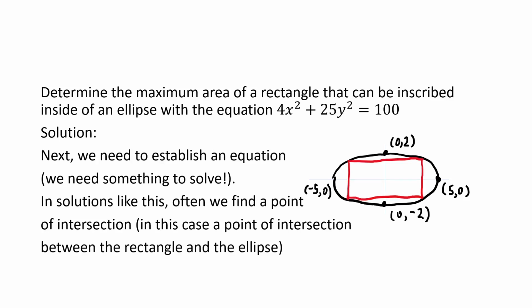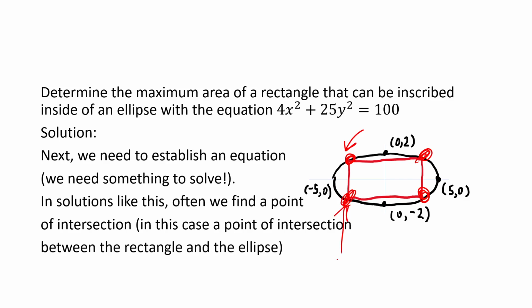So what we're going to do is find a point of intersection between the rectangle and the ellipse. So there are four possibilities, 4 points of intersection between the rectangle and the ellipse. Well, if we choose this point as our point of intersection, we'll have a negative x value.